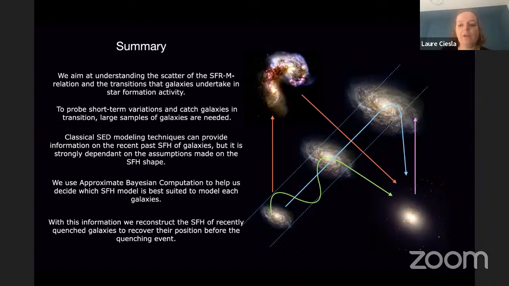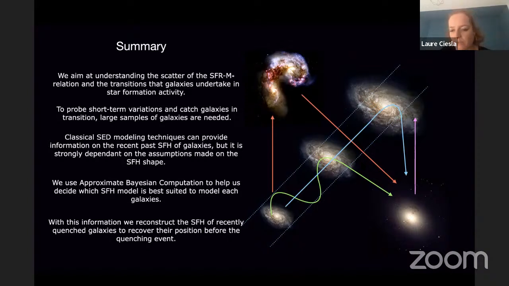So we used a statistical method, approximate Bayesian computation, to help us find the appropriate star formation history to be used to derive our galaxies' properties. This is what we did. And for galaxies, we managed to recover and rewind a bit their path across the star formation main sequence, and recover their past properties.